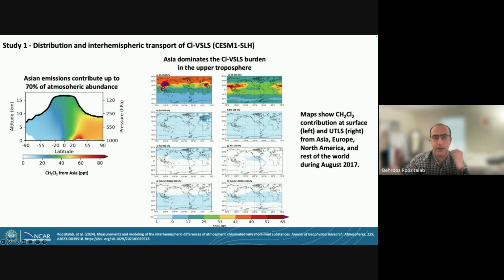So here I'm showing the maps for each of these sources, on the left for surface, and on the right for upper troposphere, the UTLS. The font sizes are small, but the conclusion was that we saw the importance of Asian emissions again in the upper troposphere, and they were contributing dominantly to the global transport of these compounds.